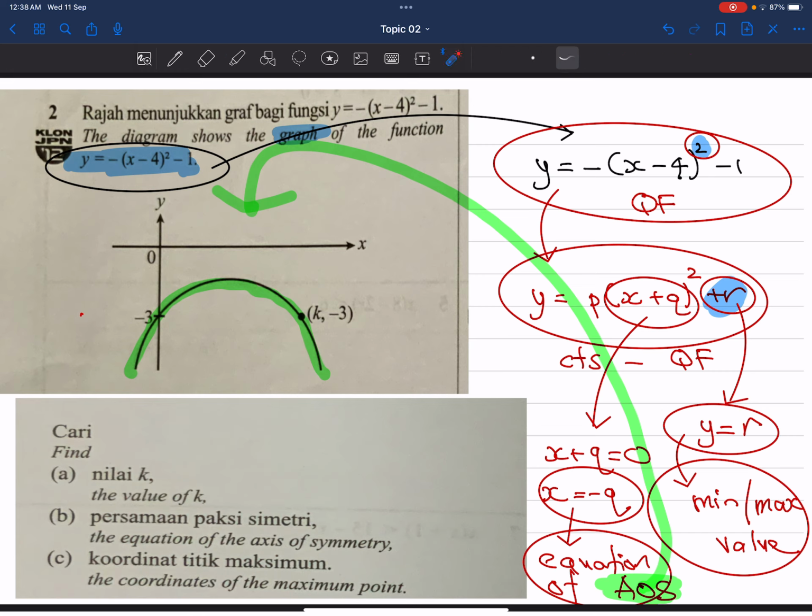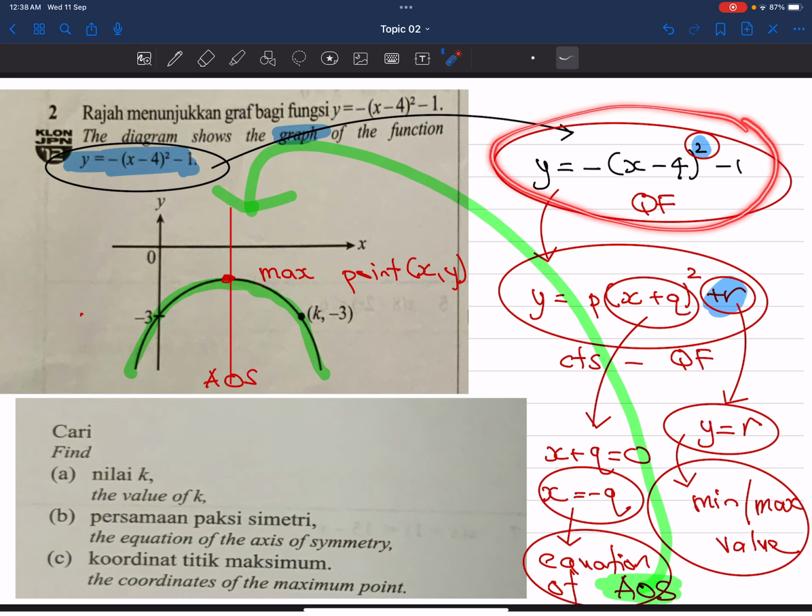This graph is N-shaped, therefore it must have the maximum point with the coordinate of x, y, and the vertical line through the maximum point is what we call the axis of symmetry. So now we will go to the equation.